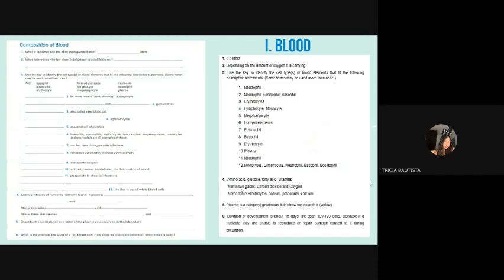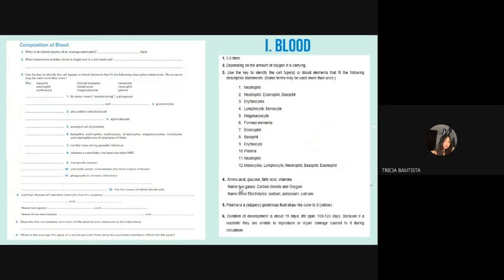Releases a vasodilator, the least abundant of white blood cells. This is the basophil. What transports the oxygen? This is erythrocyte. Number 10, primarily water, non-cellular, or fluid matrix of blood. The keyword is neutrophil.